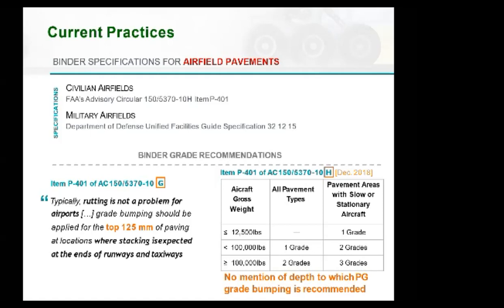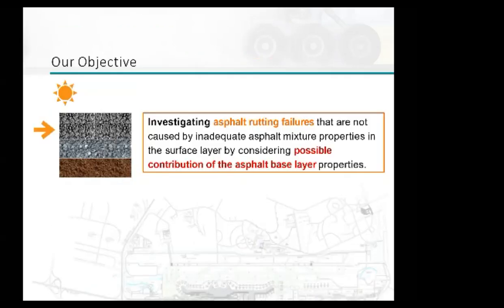But again, by default, one takes it that you bump the surface layer since it's feeling the maximum stress and the highest temperatures. Some of the cores we took from those rutted asphalt airfield pavements really showed us that there is a need to investigate asphalt rutting failures that are not caused by inadequate asphalt mixture properties in the surface layer.